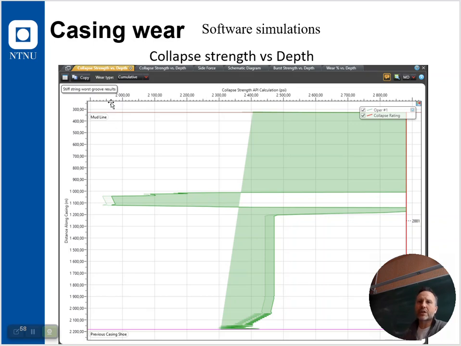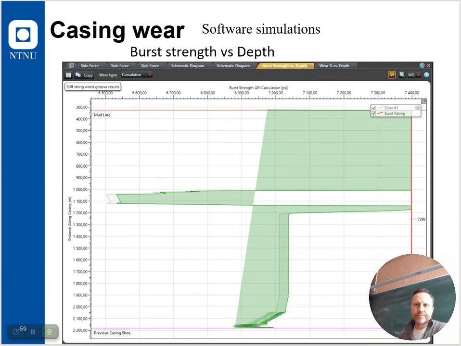The wear is going to give you about 1700 psi collapse strength in that dog leg, and then it goes up, and then you have a little bit of general wear. This would be the tangent portion of the well, and then it fades off. Burst strength is the same profile of the graph, lowest at the dog leg.